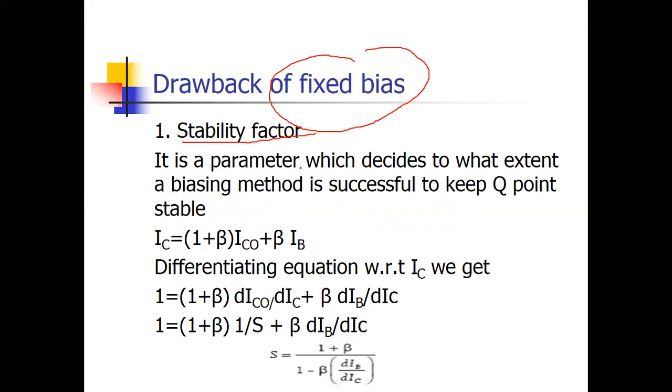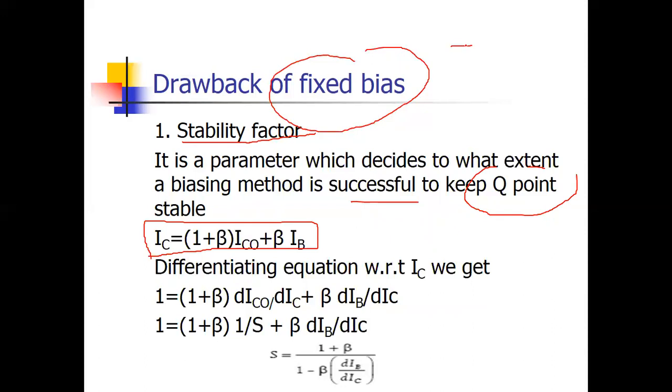It is a parameter which decides to what extent a biasing method is successful, meaning the Q point is not disturbed. Ideally, the equation of current is IC equals (1 plus beta) IC naught plus beta IB. Generally, we take IC equals beta IB, but that is incorrect, because ideally there is some leakage current also.